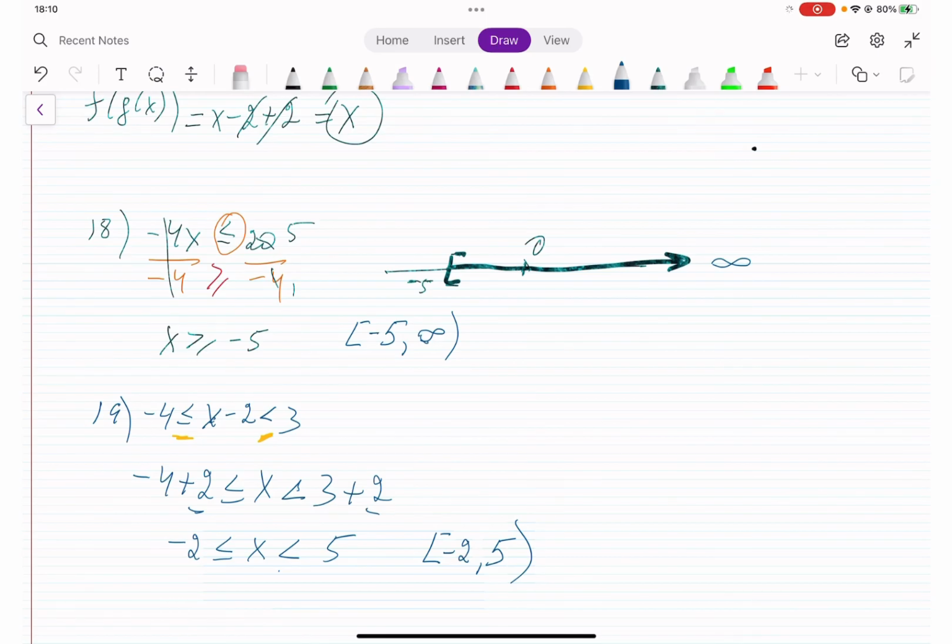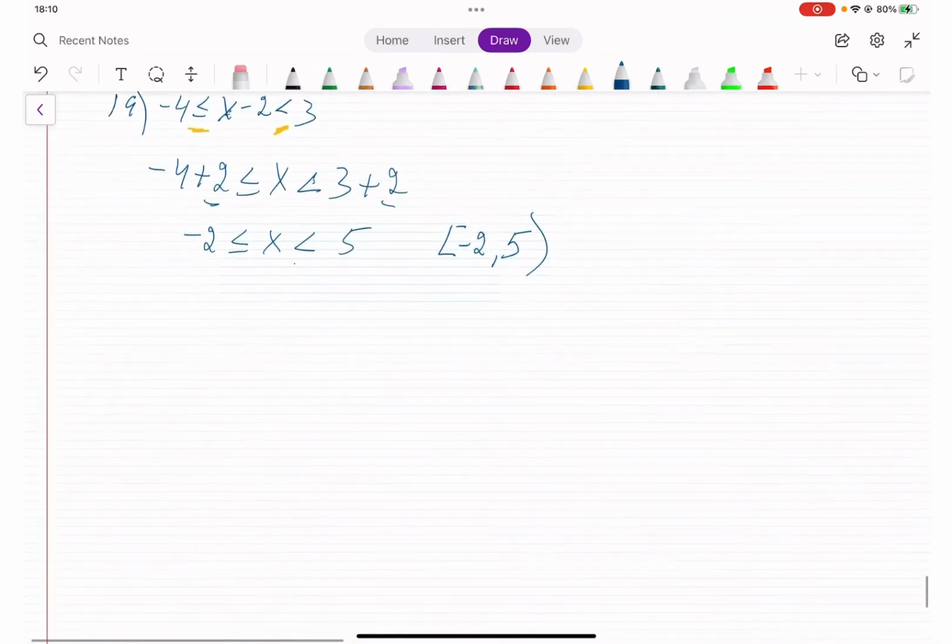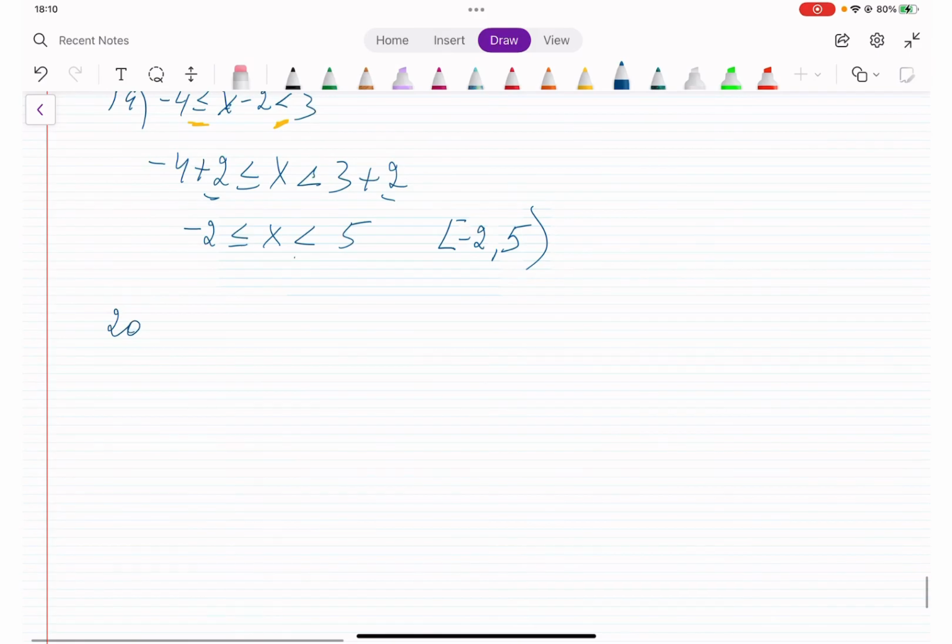And the last question, number 20. So what do we have? Solving an inequality. 8x minus 14 less than or equal to 5x minus 15.